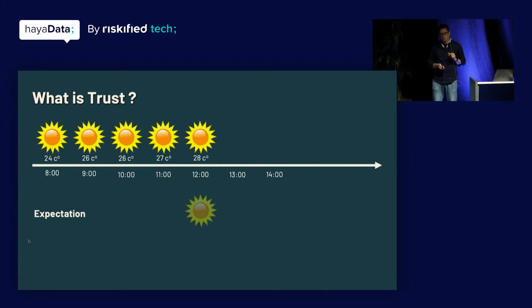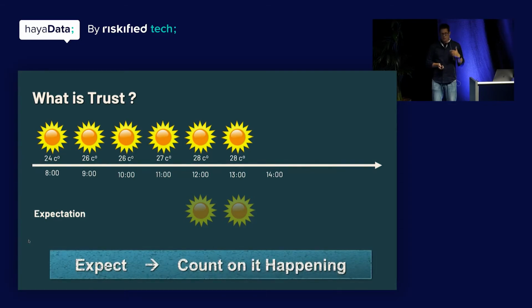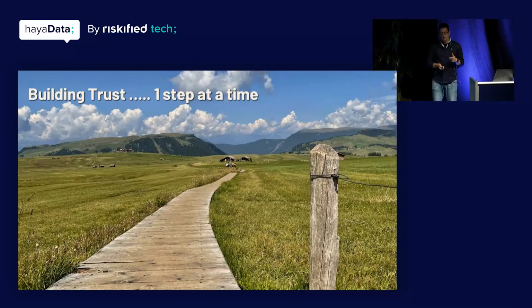So we trust the model a little bit more and a little bit more. And over time, if what we expect happens a lot, we start trusting the model or the whole system. Notice that this is really a step process. This is a journey. It's not a one-time shot. You make a small step, prove yourself, make another step, and so forth. And slowly, you gain user trust. You can also make some missteps and lose trust along the way.